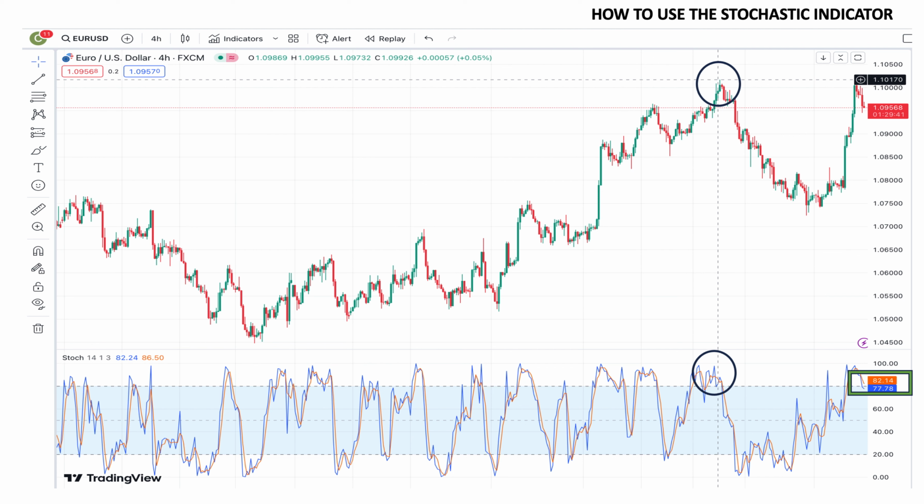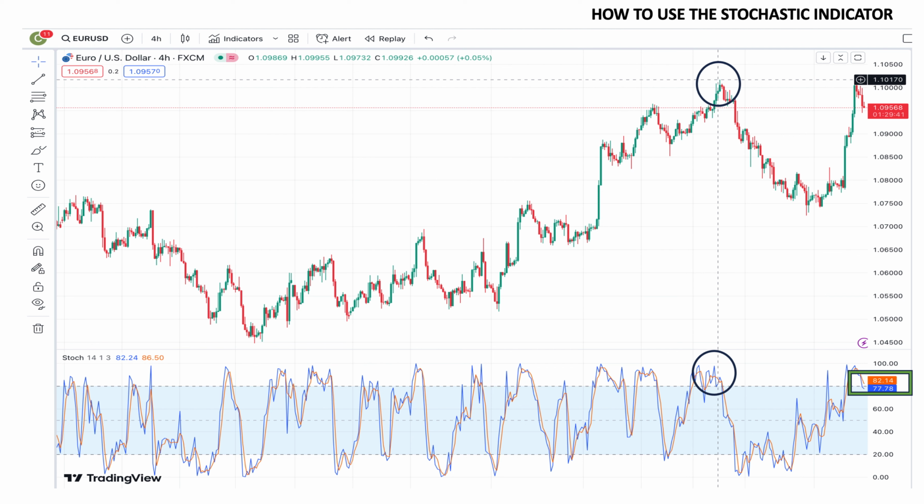Here we are looking at a EUR/USD graph in a 4-hour time frame, and I'm going to show you how to use this stochastic indicator to trade. As you can see, I have highlighted in a circle the highest area on the chart in the price data, and I have highlighted the same area on the indicator as well.